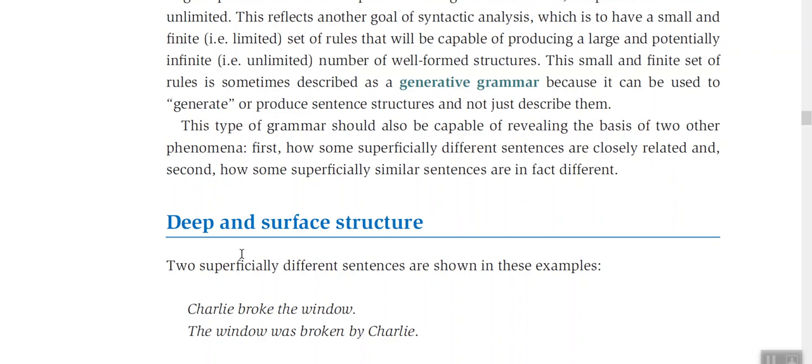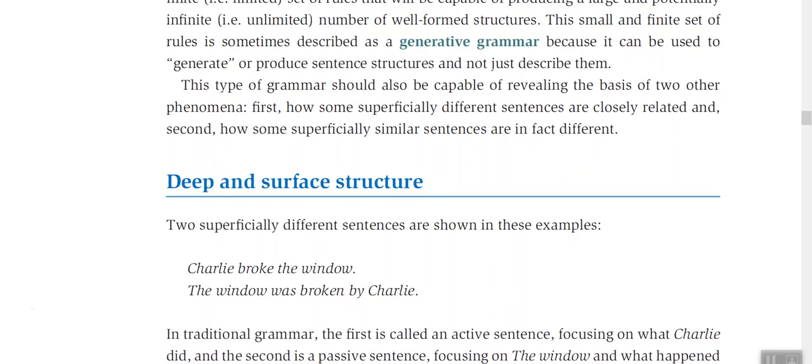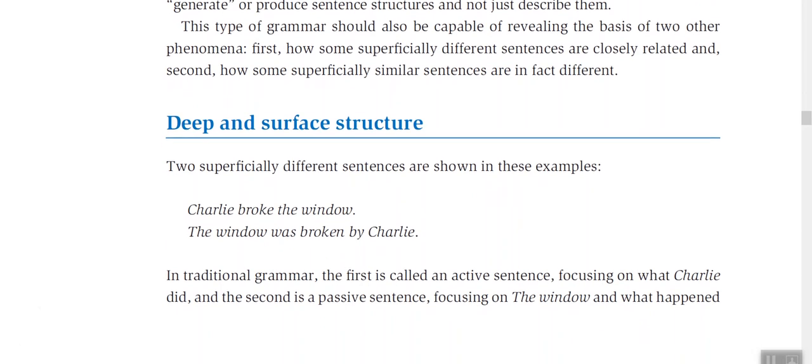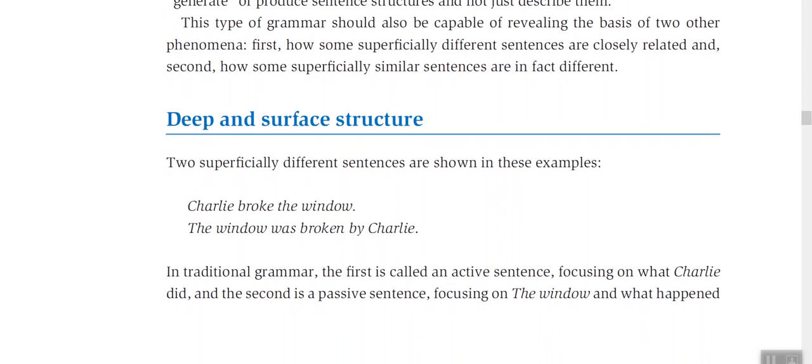Even Hockett talked about them before Noam Chomsky, in 1958, and he mentioned that we have deep grammar and surface grammar. But Noam Chomsky, two years later, suggested these two terms, deep structure and surface structure. You see? So what is deep structure and what is surface structure? They are very important, and the whole chapter is about these two terms.